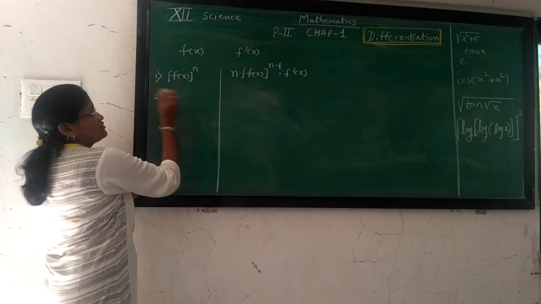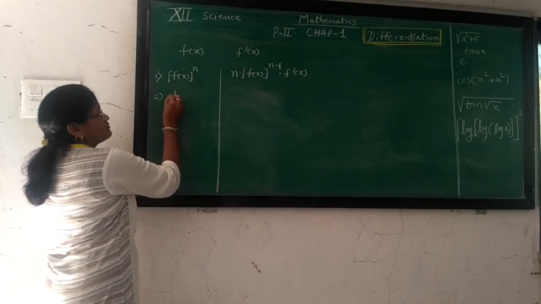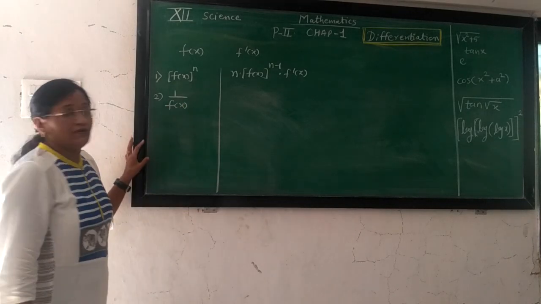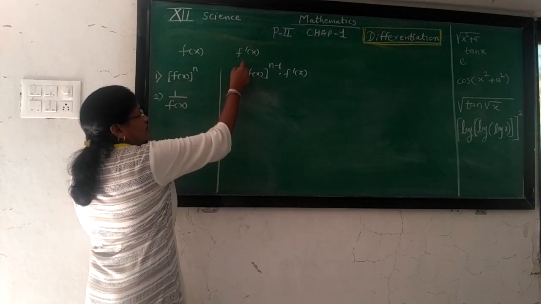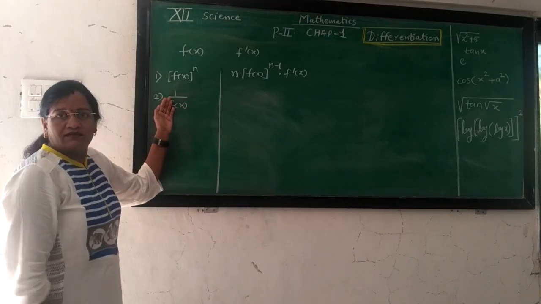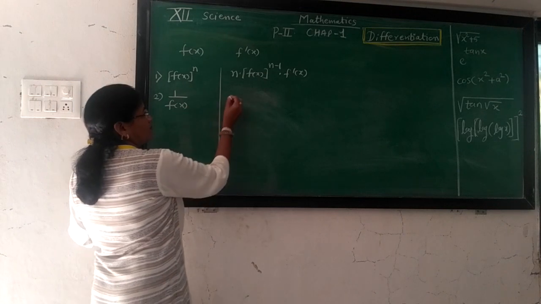Second, suppose the function is 1 upon f(x). For its derivative we use the result for 1 upon x. The derivative of 1 upon x is minus 1 upon x square.